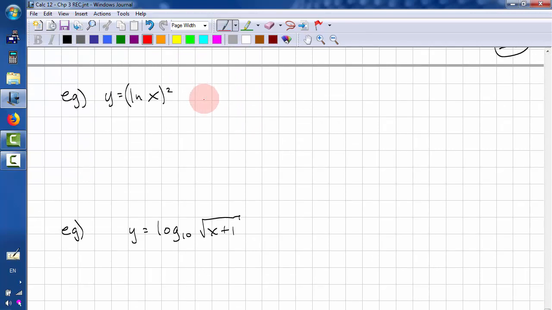Next example. So it's easier to see if we do a substitution. U equals ln x, because we have a composition. That means we're going to use the chain rule, du dx equals 1 over x. So y equals u squared. Y prime is going to equal 2u times u prime.